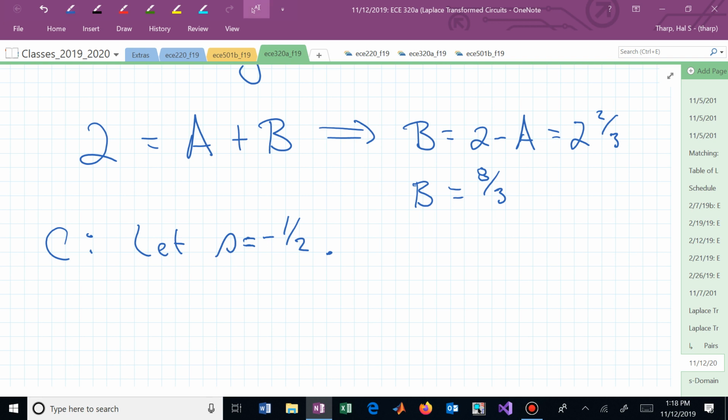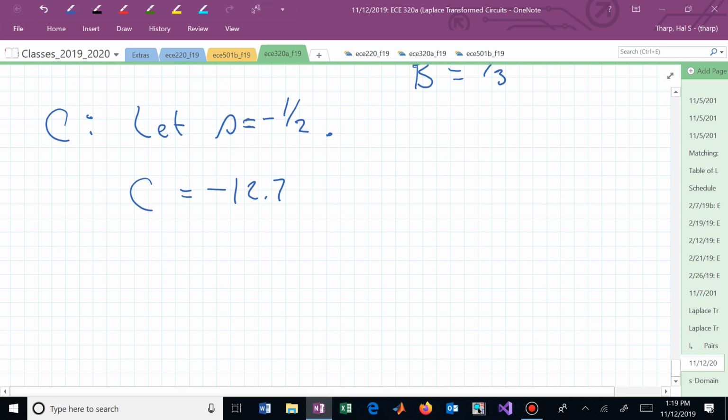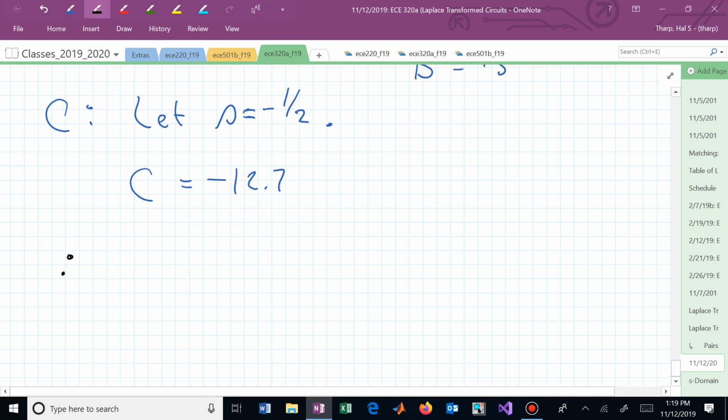Here, doing that, I ended up with something. C is not quite as nice as the others, minus 12.7 with some more decimal places. Now I actually know what my I of t is.